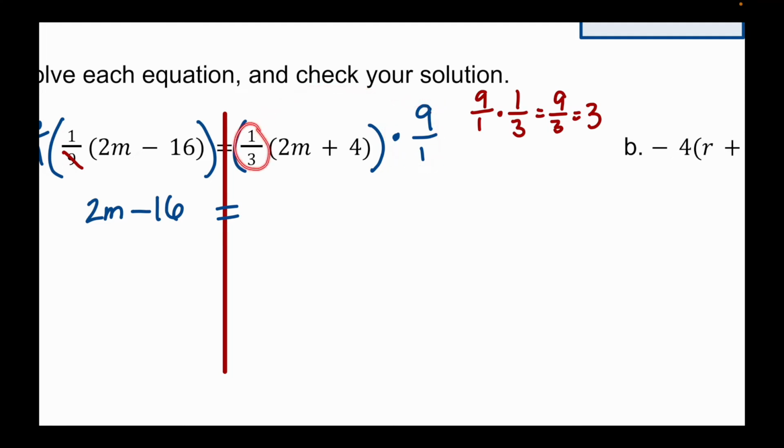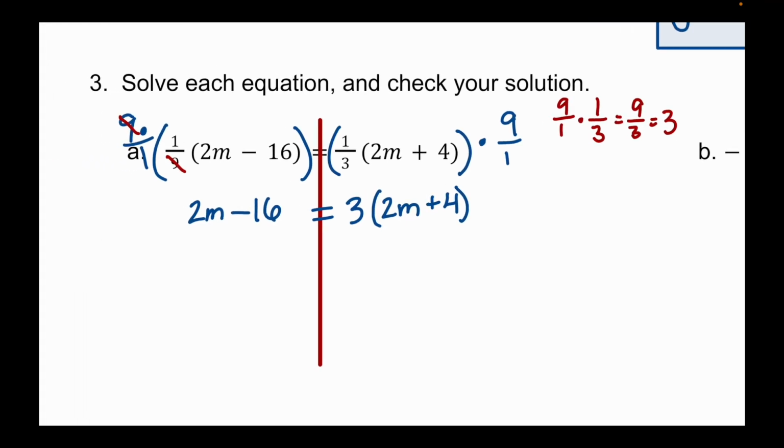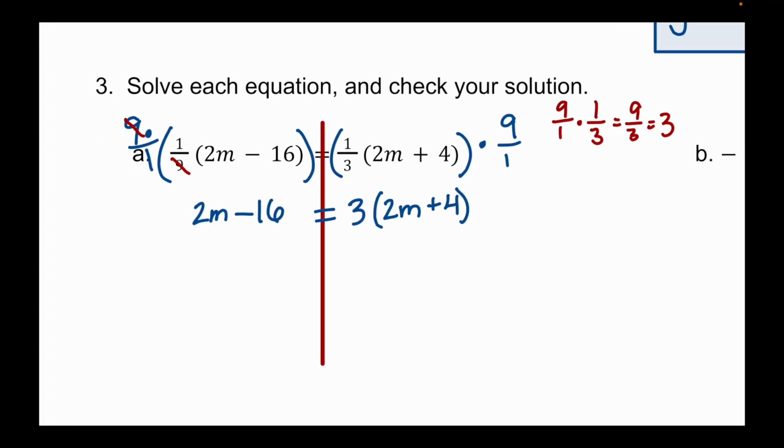And just like on the other side, that 1/3, as it multiplies through, is going to carry that number with it. So we don't have to multiply again through all of those. It's kind of just considered one term. So when we multiply on the right-hand side, we'll end up with 3 and then the stuff inside. So 2m plus 4.